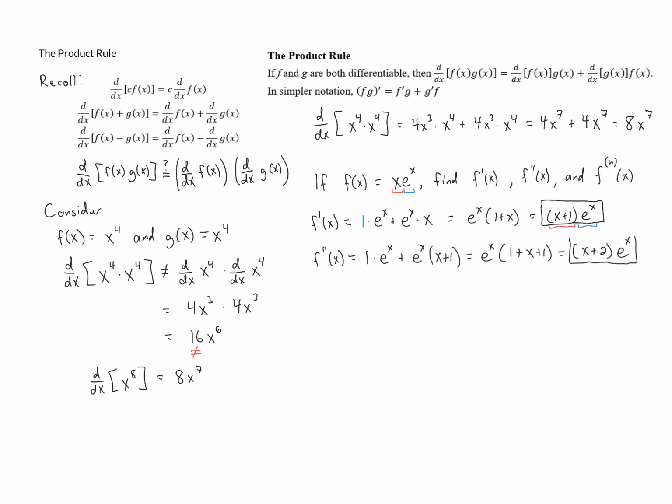So we've got x plus 2 times e to the x. We may or may not already be seeing our pattern. If you're not, let's do one more.